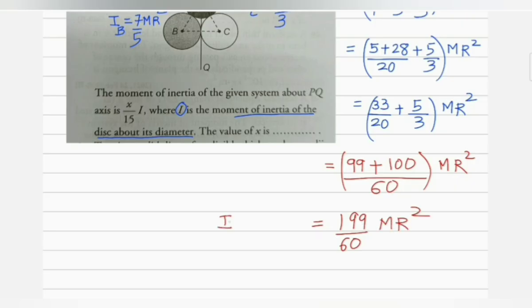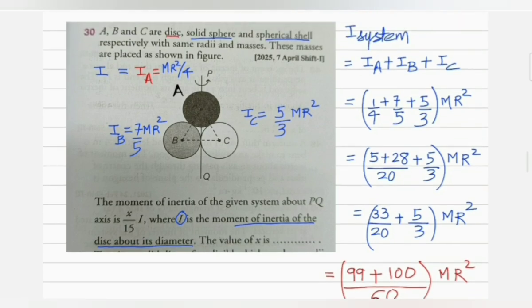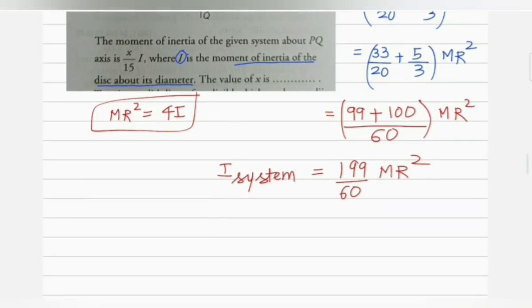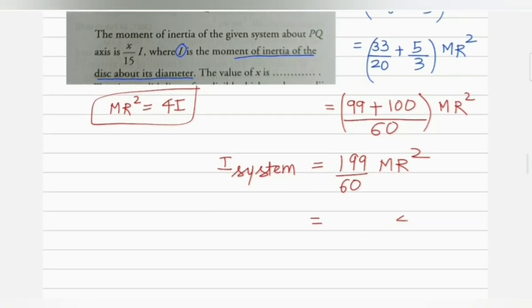So this, students, is the moment of inertia of the entire system, 199/60 multiplied by mr square. But let me remind you, instead of mr square by 4, what were we going to write? I. Look at this data, students. Instead of mr square by 4 we were supposed to write I. So obviously mr square we can replace by 4I, right?